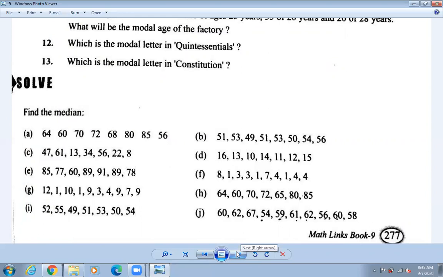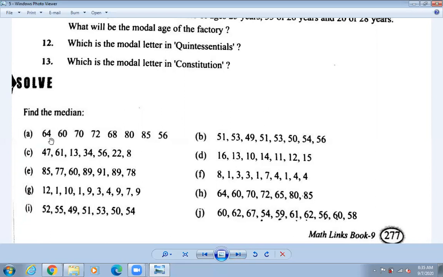In case of quartile, that means Q1, median, Q3, we did one step first: arranging in ascending order. We need to arrange the numbers in ascending order. Are they arranged in the ascending order? 64, 60.